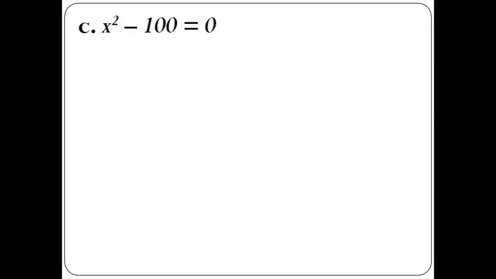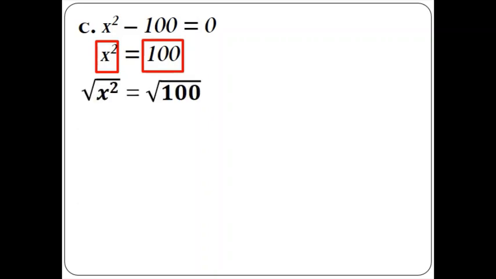Another, we have x squared minus 100 is equal to 0. So as you notice, the constant term is in the left side. So kailangan nating ilipat yan sa right side. So ang gagawin natin dyan is transpose yung negative 100, nagiging positive 100. Then, extract both sides of the equation.